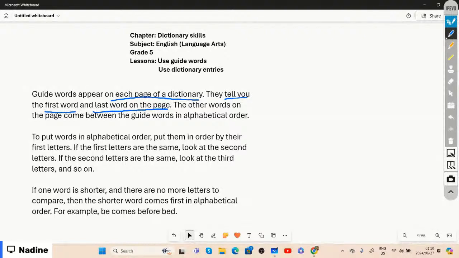So the word you're looking for needs to be in between the guide words. For example, let's say your first word is AB, and your last word is, for example, ABS. Then whatever words start with ABA or ABS will be in between these two words.